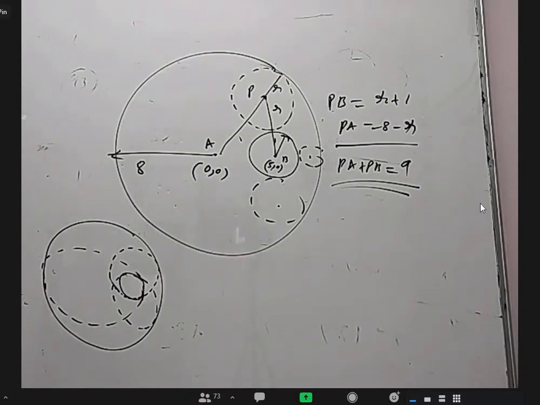Ellipse, it's still ellipse. If PA minus PB equals a constant, then what is that? PA minus PB constant is hyperbola. Yes.